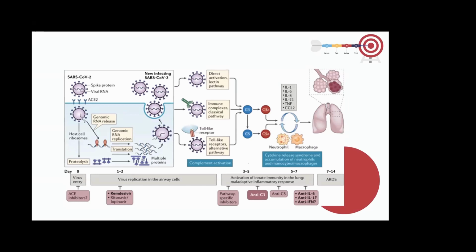This translates into radiological pictures where almost 70% of patients, if you do a plain X-ray, you will see bilateral haziness, and more sensitive is when you do a CT scan, you will see the ground glass appearance of both lungs.